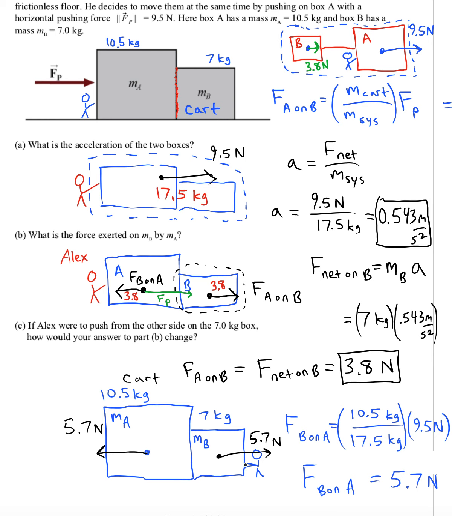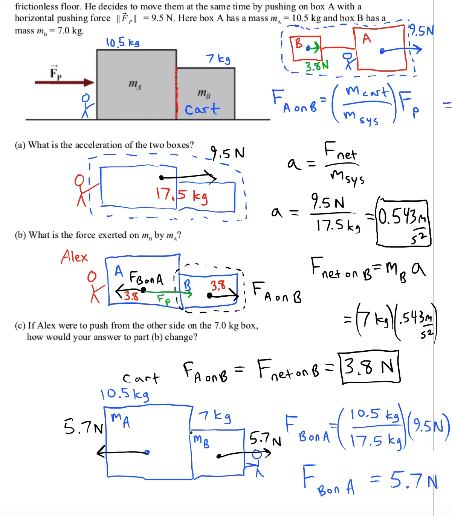He's responsible for pushing all the mass, so it takes 9.5 newtons to do that. Now, since a large majority of the mass here is concentrated in block A, block B has to push pretty hard to accelerate A with the same acceleration that B had before. It's going to be 0.543 meters per second squared in both cases.